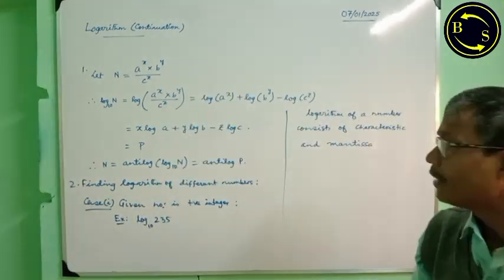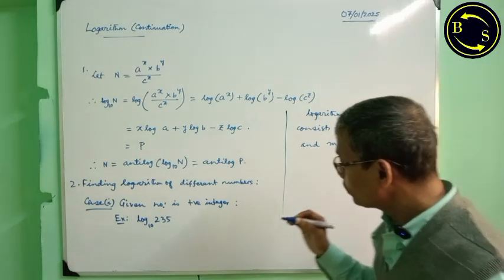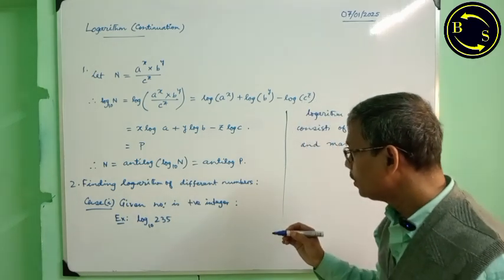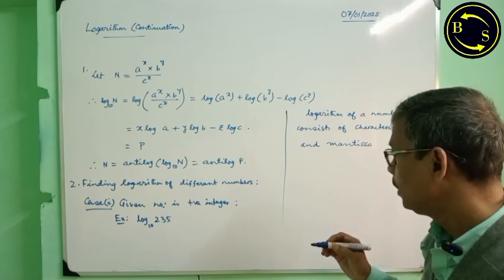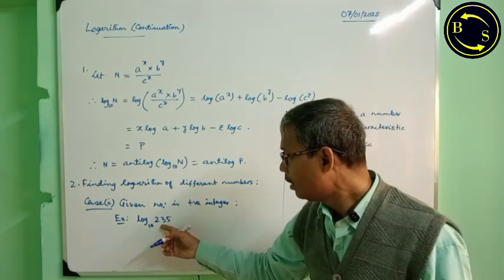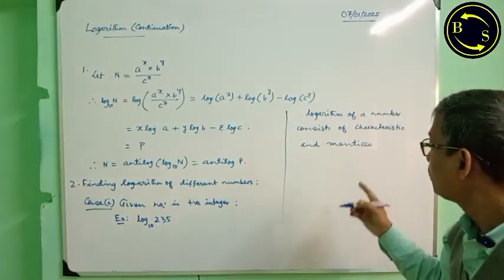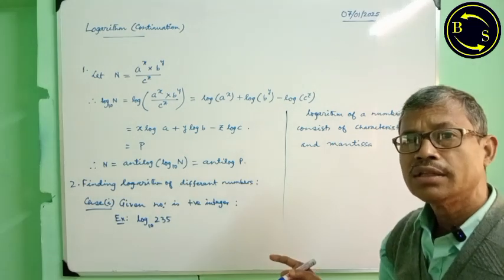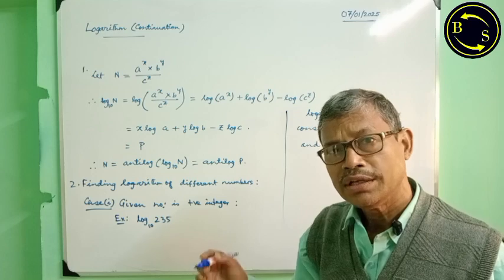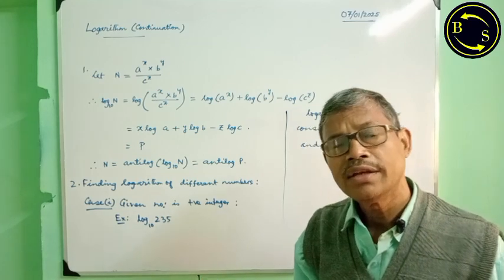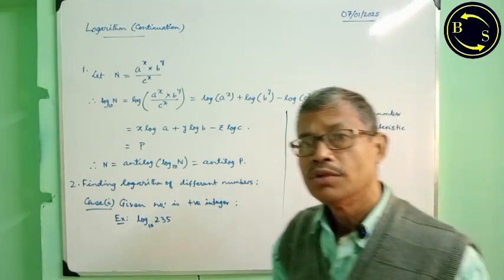Now, how to determine characteristic? Actually, we first note how many digits are there before the decimal starts. In case of positive integer, there is no decimal place, then characteristic will be 1 less than the number of digits of that positive integer, or in case of other numbers, 1 less than the integral part of the given number.